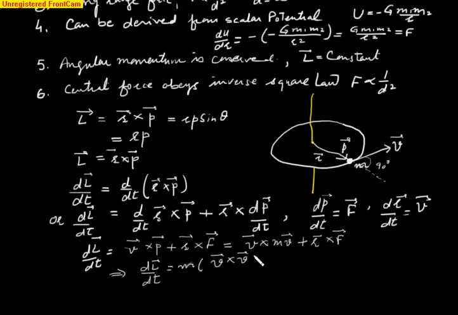We can write M times V cross V plus the next term R cross F. But here V cross V means a vector multiplied by itself, and the angle between the vectors is 0, and sine 0 will be 0, therefore V cross V will be equal to 0, and therefore the first term will become 0.